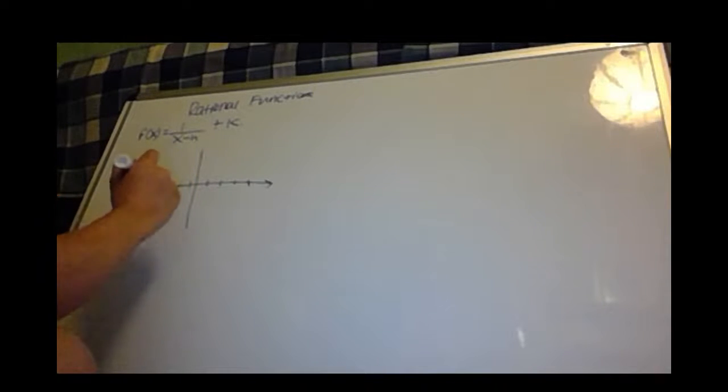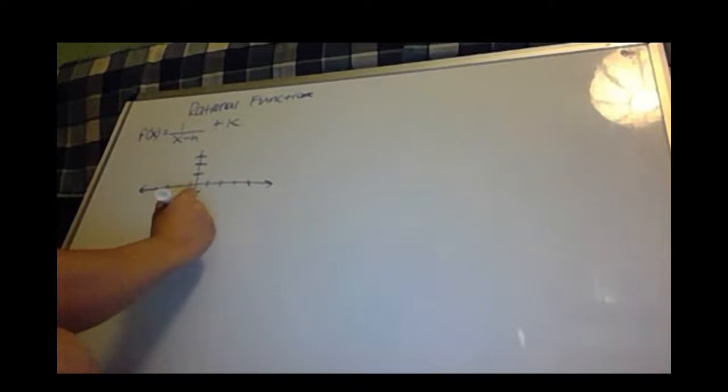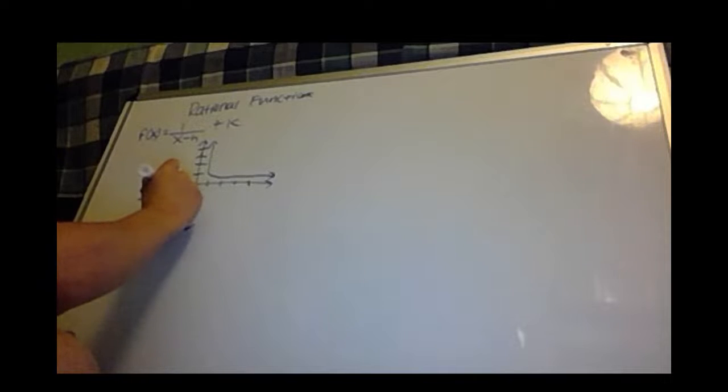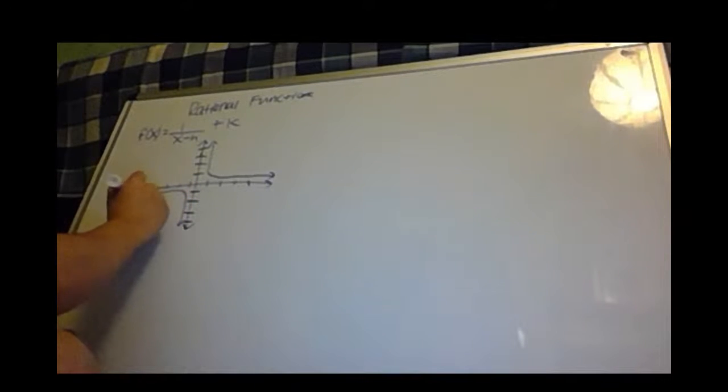So, for example, if I have something like this, and I have a rational function, basically the most basic rational function, and let's say that I'm shifting.